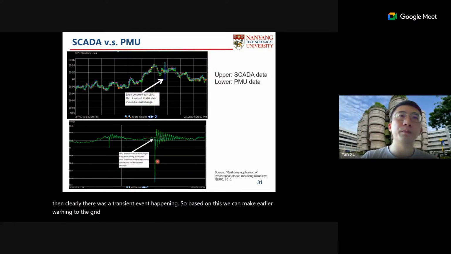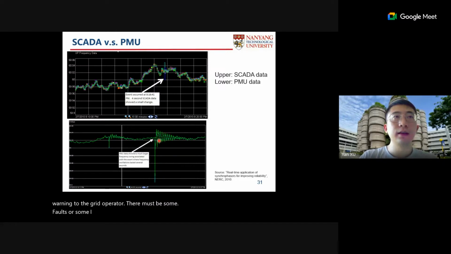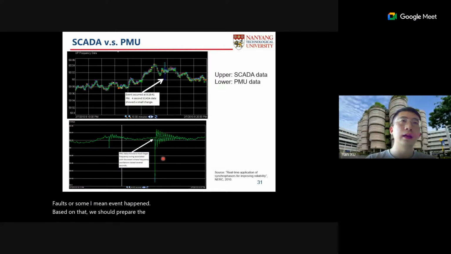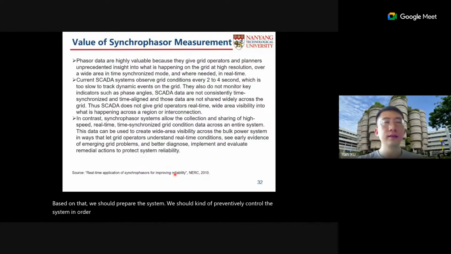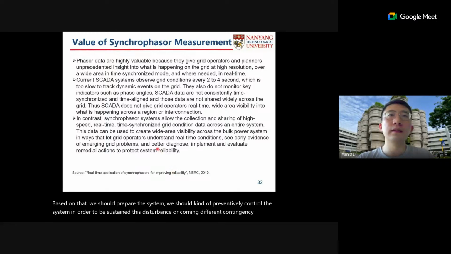There must be some fault or event that happened. Based on that, we should prepare the system and preventively control it in order to withstand this disturbance or coming contingency events, and can also better diagnose the fault.